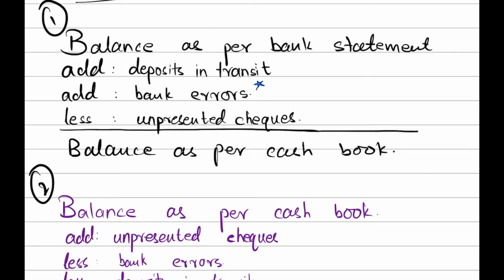Now we're going to see this, the balance as per the bank statement. What do we mean by this? It means that we're going to match the bank statement balance to the cash book bank balance.